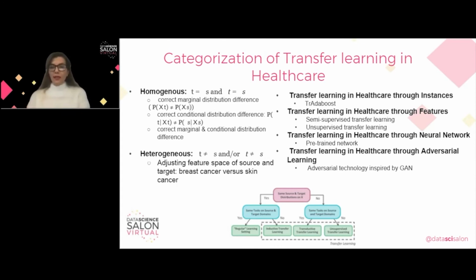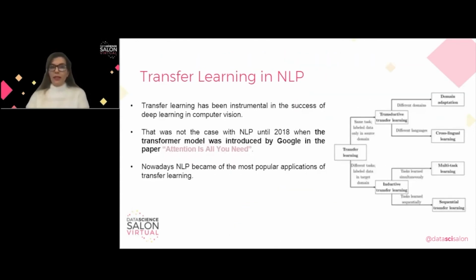And on the right, you can see different types of transfer learning in healthcare, which is similar to the general classification. And then at the end, we have transfer learning in NLP, which started in 2018 with the paper that Google published, Attention Is All You Need.